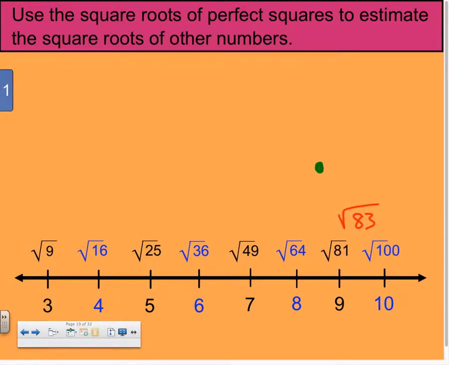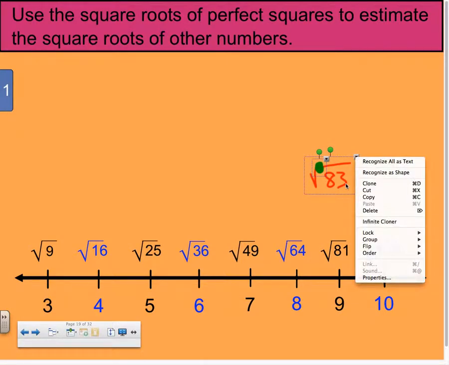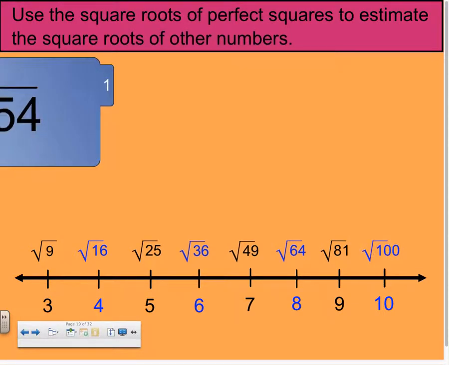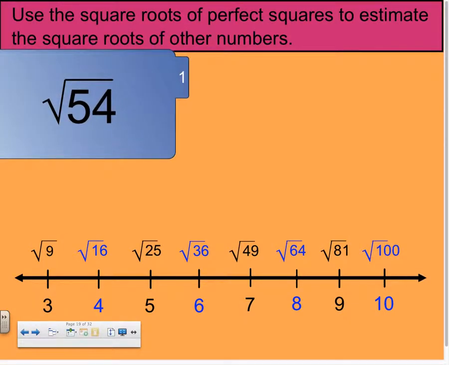So let's remove this. Okay. Another example would be the square root of 54. So the square root of 54, I can see on the number line, would be somewhere right here. And it looks like the square root of 54 would be a little bit closer to 49 than 64.